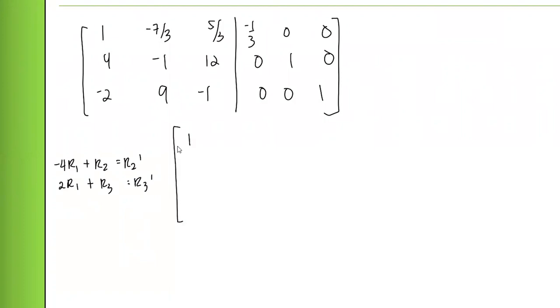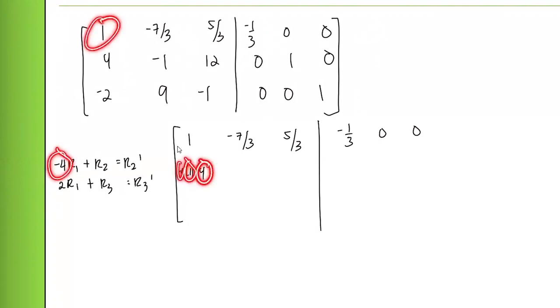So, yung first natin is the same. Okay? So, yung kasunod is, ano mangyayari? Negative 4 times R1. So, negative 4 times 1 plus yung second row pala to. Okay? So, 4 times 1, ito yun. Tapos plus 4 ito.